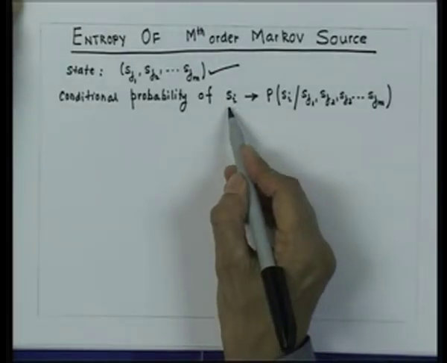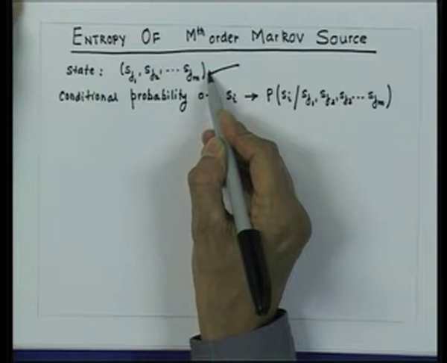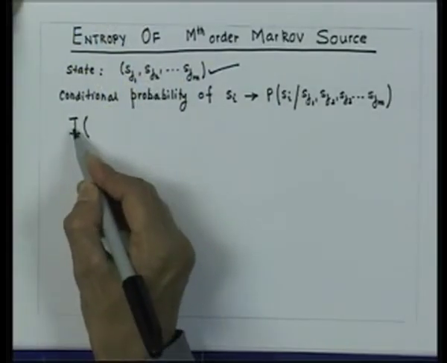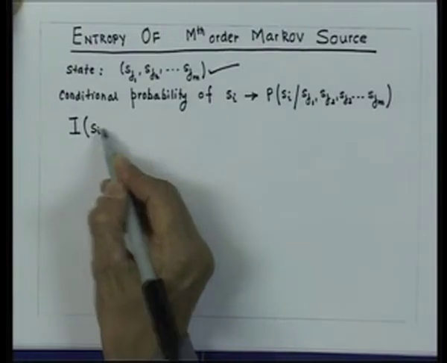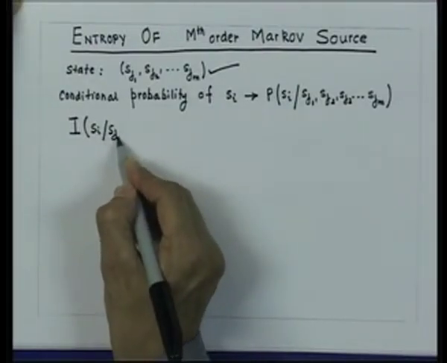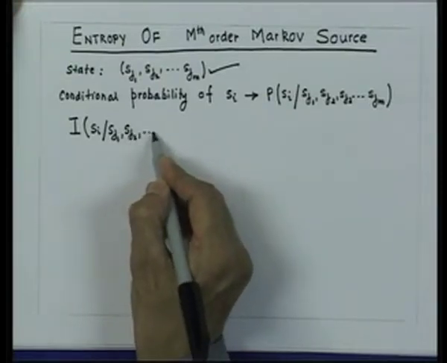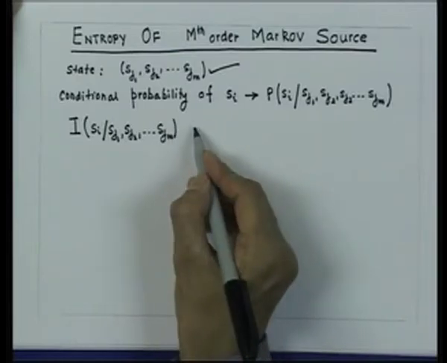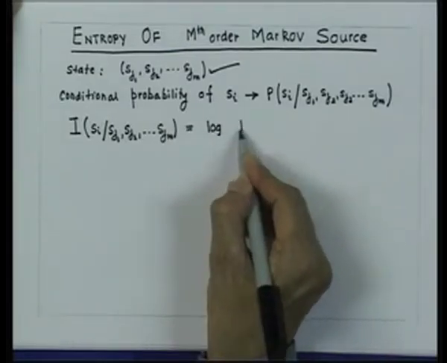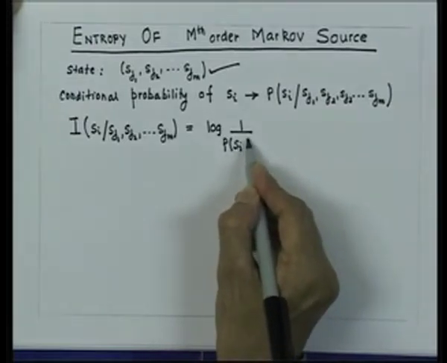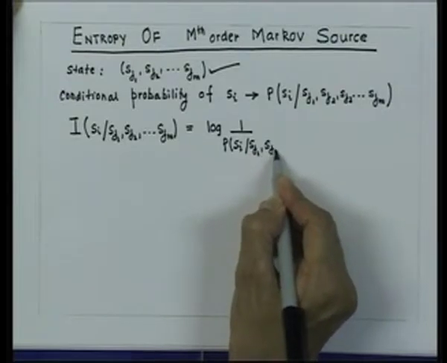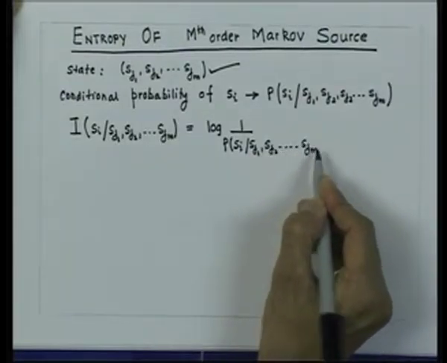So, when I receive a particular symbol Si given I was in this state, then the amount of uncertainty resolved, or the amount of information which I gain on the occurrence of Si in this state, will be given by I of Si given Sj1, Sj2 up to Sjm, which denotes the self information. It is nothing but, by definition as seen earlier, log of 1 by the probability of Si given Sj1, Sj2 up to Sjm.